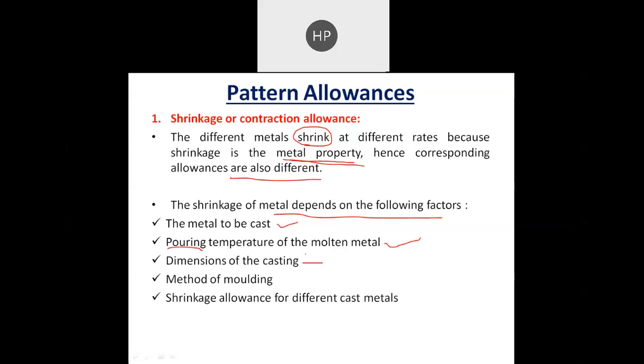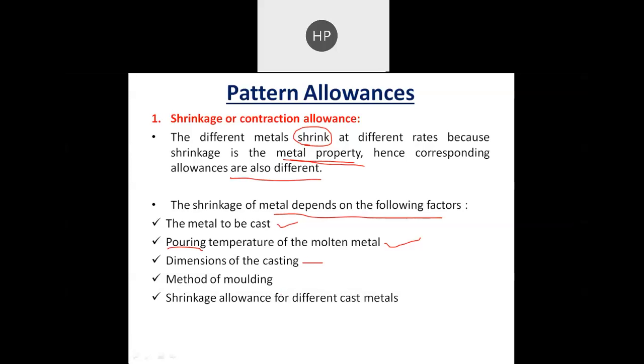So to fulfill all those criteria, we first of all have to find the dimension of the casting, whether it is big or small, and depending upon that size of the casting we have to select the shrinkage.